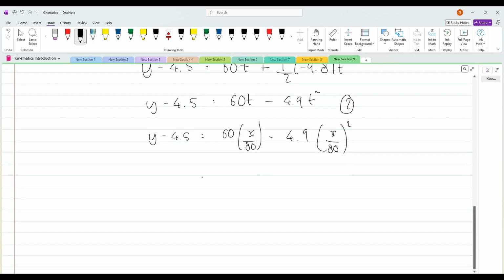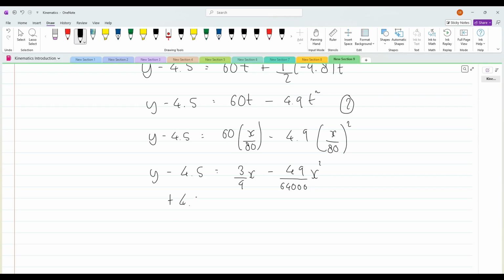And simplifying this, we get y minus 4.5 equals 3/4 x, because 60 over 80 is simply 3/4, and we're left with minus 49 over 64,000 x squared.